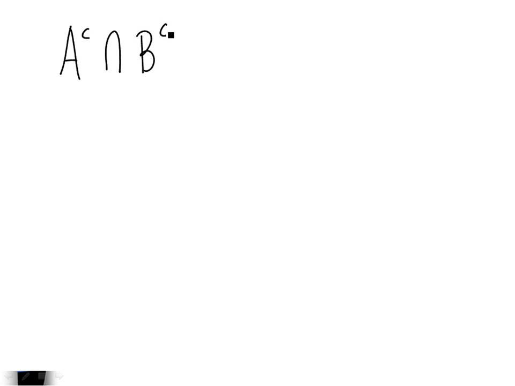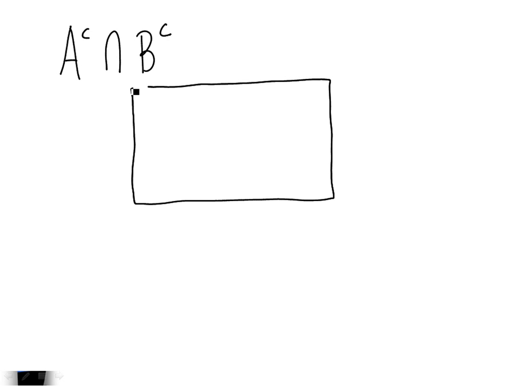Alright, so what you can do is use two different Venn diagrams to get to the final Venn diagram, or you can use different colors. Now what I'm going to try to do is just use one Venn diagram and just use two different colors so you can see.